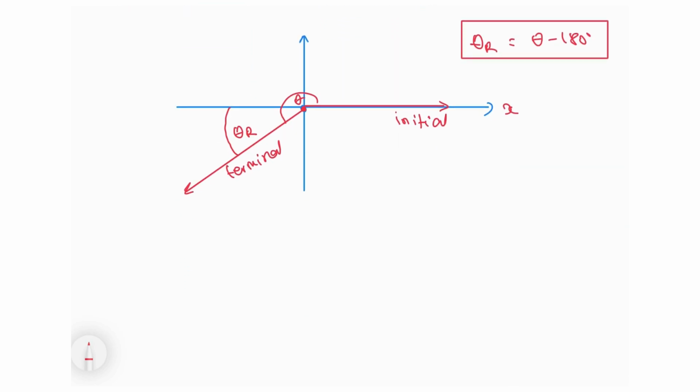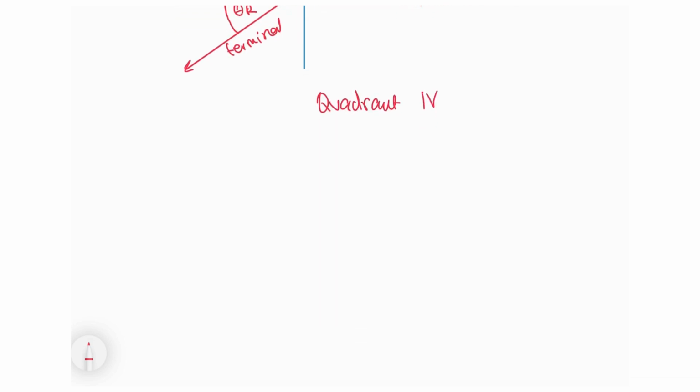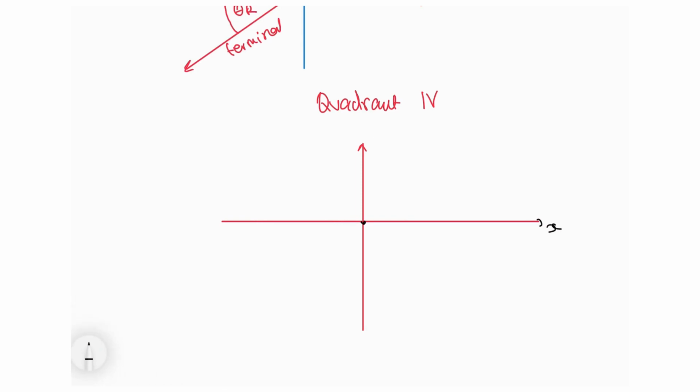And the last case is quadrant 4. Again, angle in standard position, x, y. And the terminating ray is in the fourth quadrant. This is theta. This is initial.